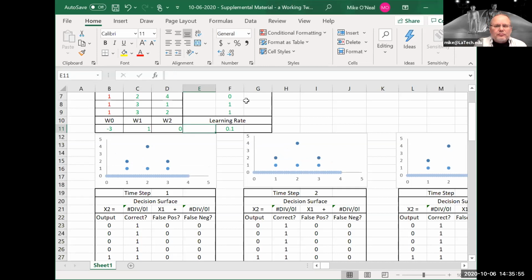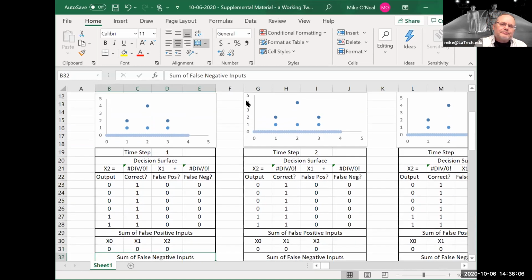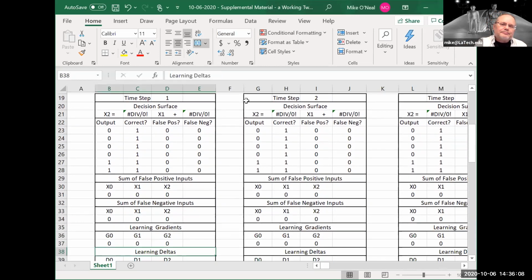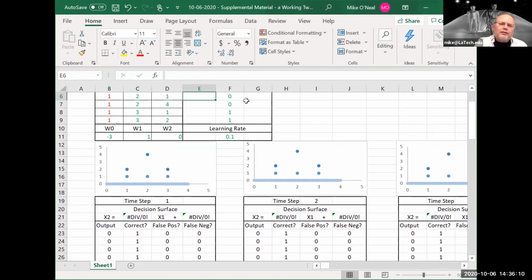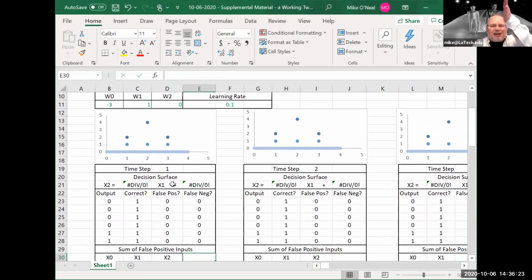Now, the one problem you have is the line here is drawn incorrectly. So you might say, wait a second, this line is wrong. Yes, graphically this line is wrong because I couldn't make it so that it could draw vertical lines.